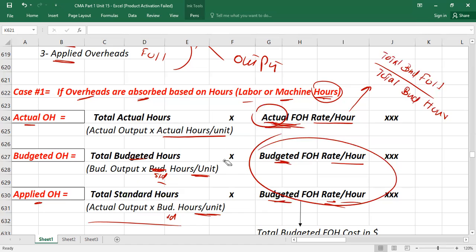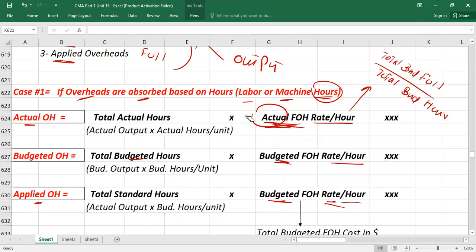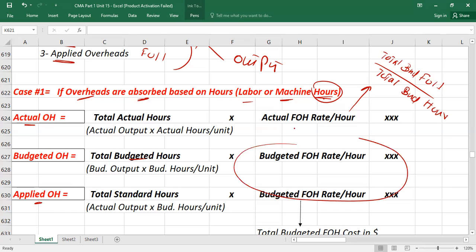Just remember one word about this rate. Can you tell me what could be an alternative name for this rate, for budgeted rate? Standard rate. Budgeted rate, standard rate, same thing.